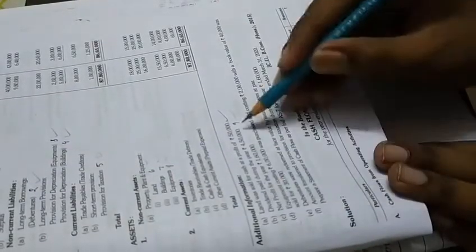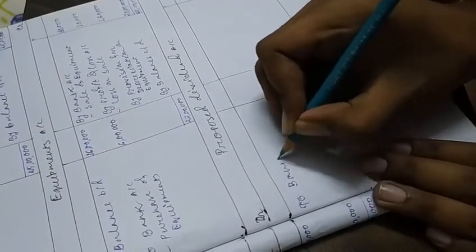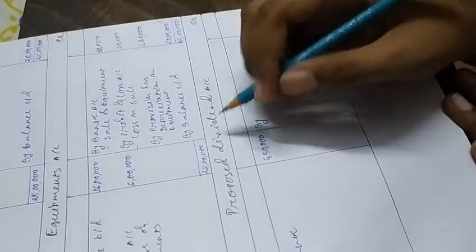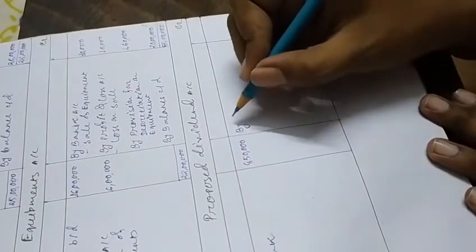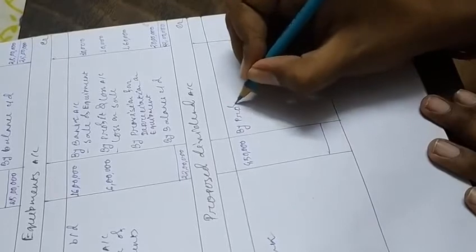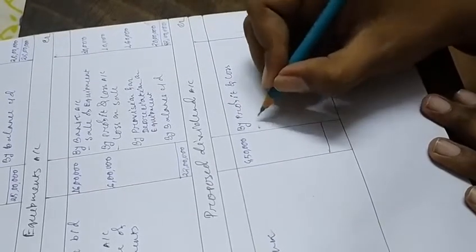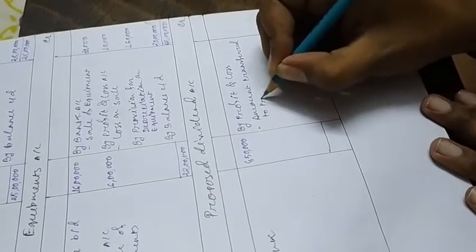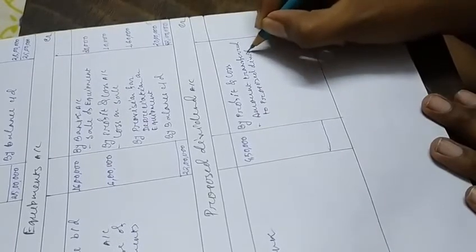So we'll write down this transaction: proposed dividend paid means proposed dividend account debit to bank, 4,50,000. There is no more information about proposed dividend, so we'll complete it here. The balancing figure of proposed dividend is transferred from profit and loss, by profit and loss, amount transferred to proposed dividend.